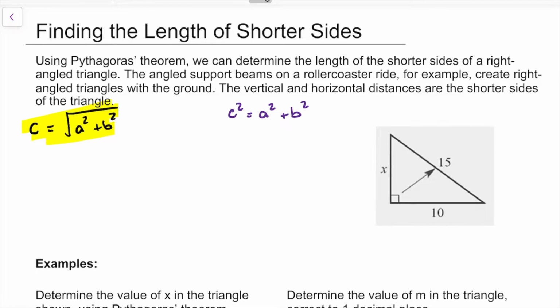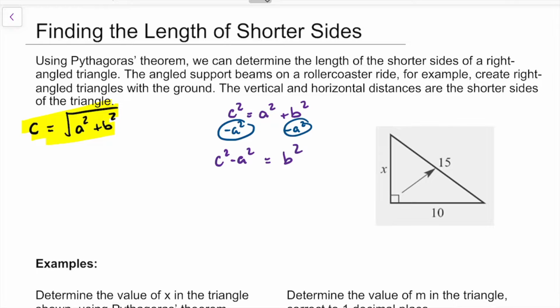So we can take away minus a squared from both sides, and we end up with c squared minus a squared equals b squared.